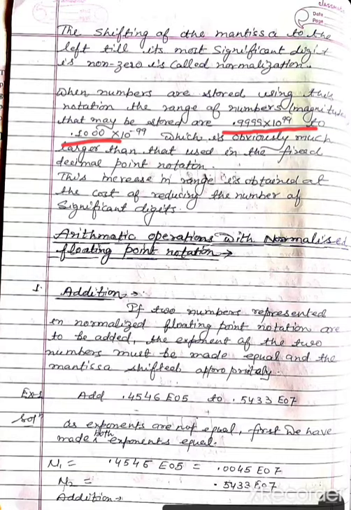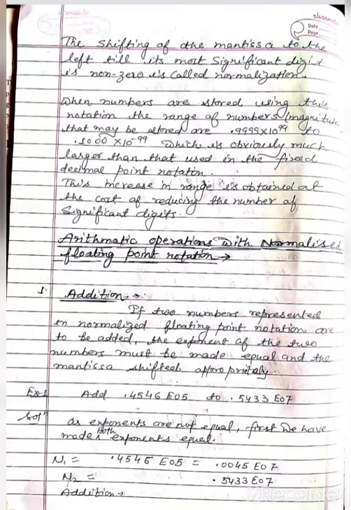After the floating point representation, now we come to the arithmetic operations with normalized floating point notation. Let us start with addition.